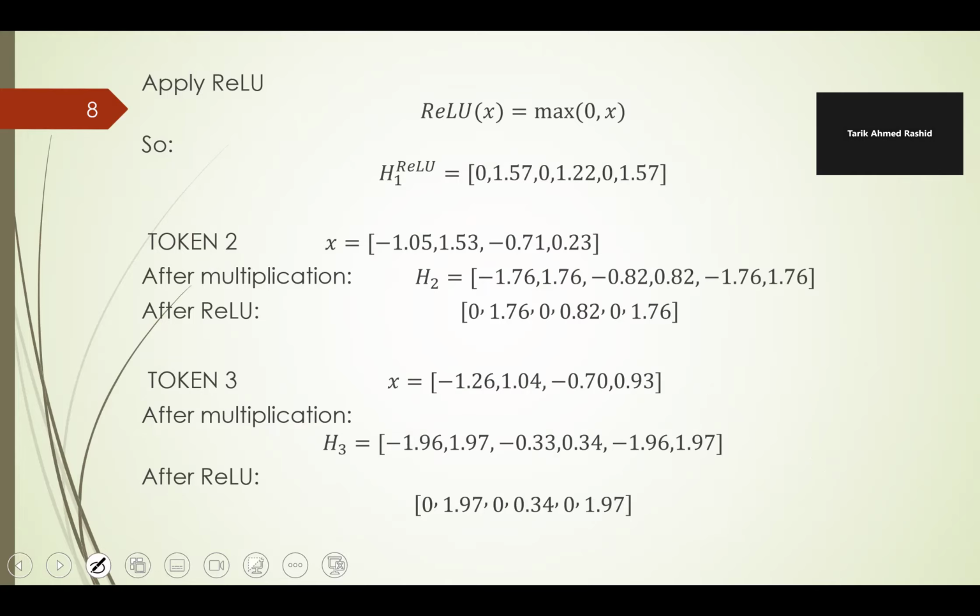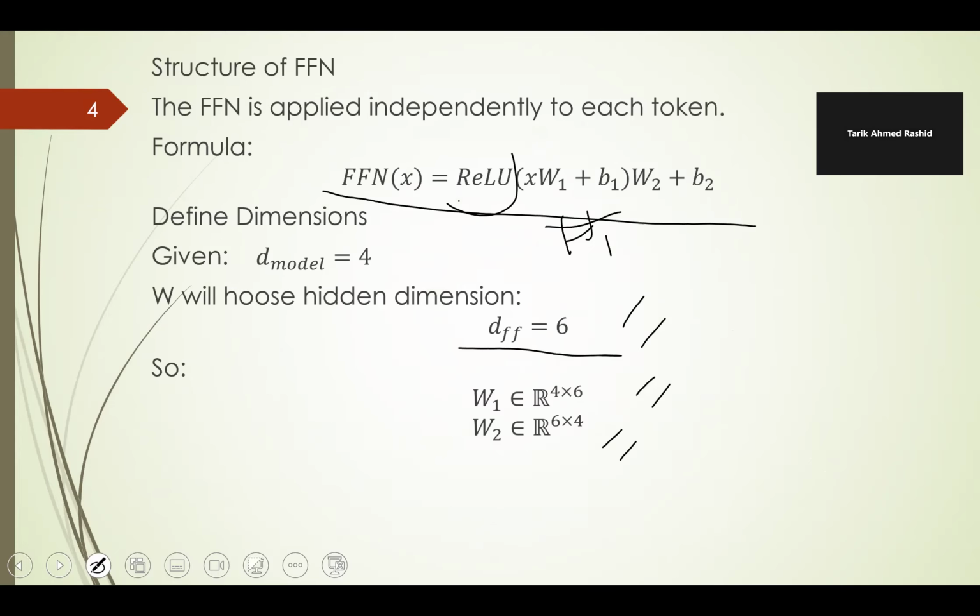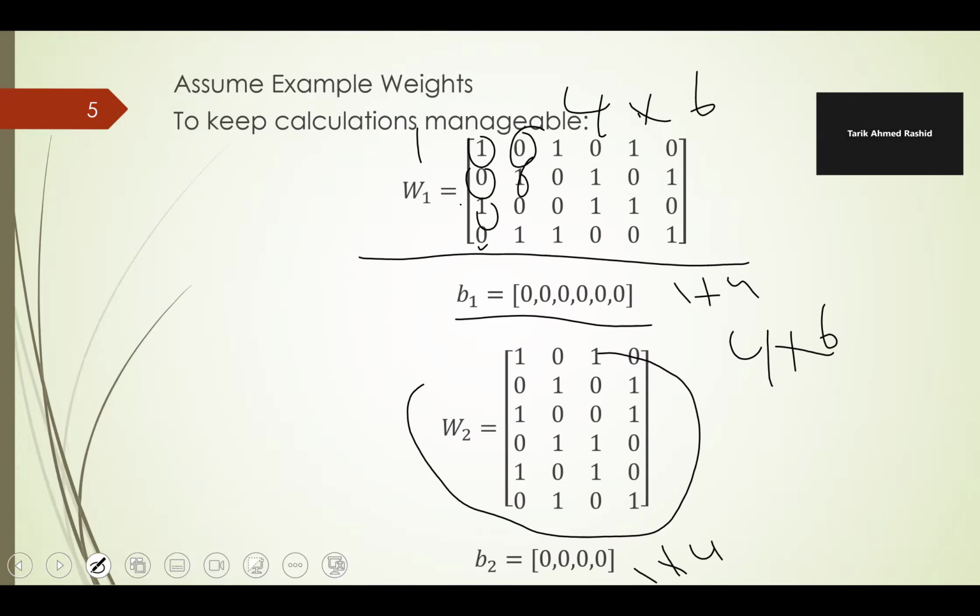So H1 is done. Now, sorry, we will follow, because we have a ReLU. Before it can be ready as an input for the second layer, we will subject the output to ReLU, the activation function.